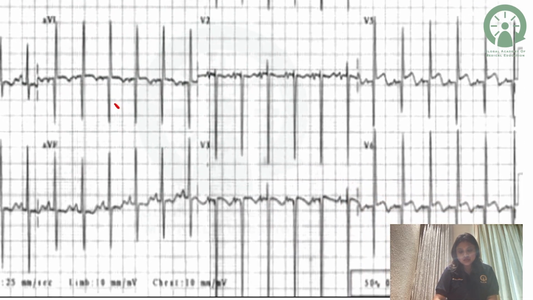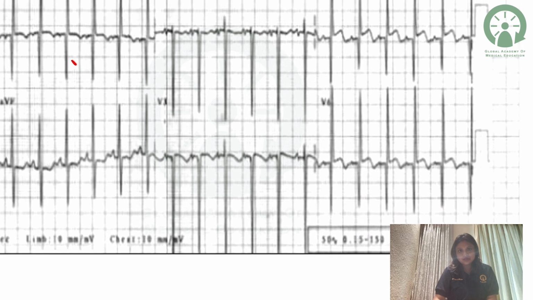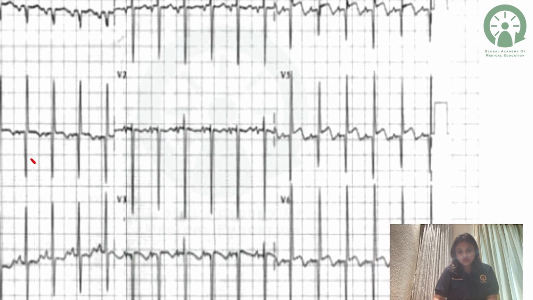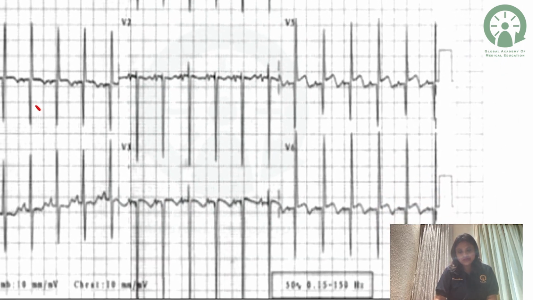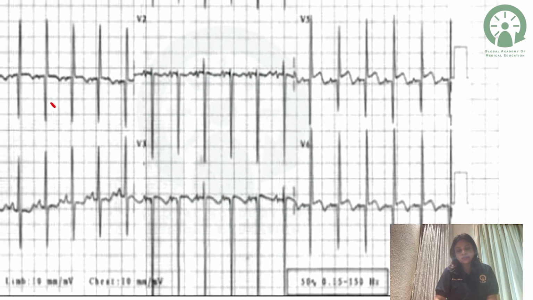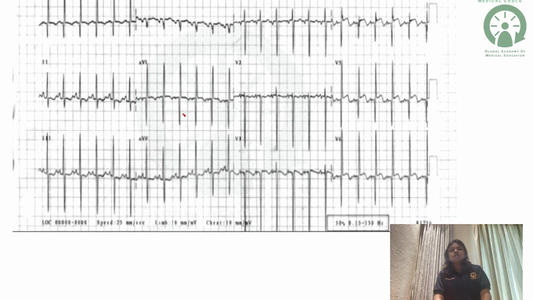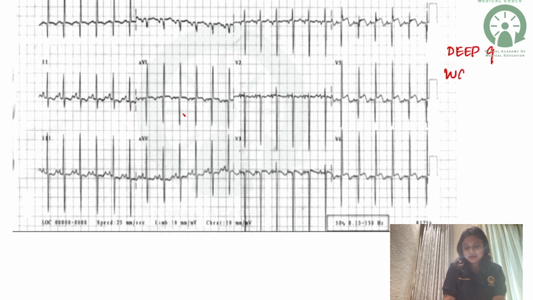Next you see the anterolateral leads like V3, V4, V5, V6. In all of these, there are deep Q waves. So the finding is deep Q waves in anterolateral leads.